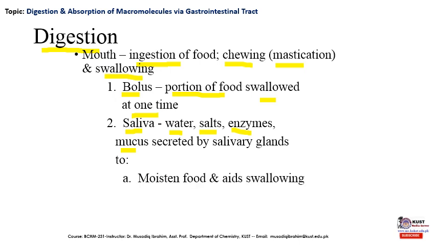The purpose of the saliva is to moisten the food and help in swallowing the food. And as a result of this saliva, the carbohydrate digestion starts from the mouth.